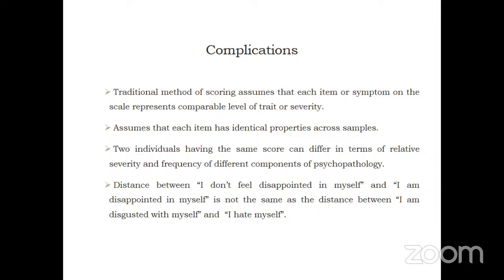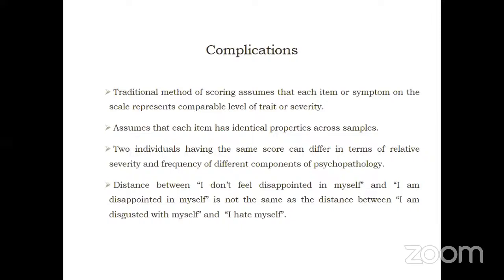So the CTT approach assumes that all these items have identical properties across all samples, but it is actually not, because we know that it can be very culture specific. Cultural factors might be affecting the responses of individuals, and it is definitely going to differ across different cultures.